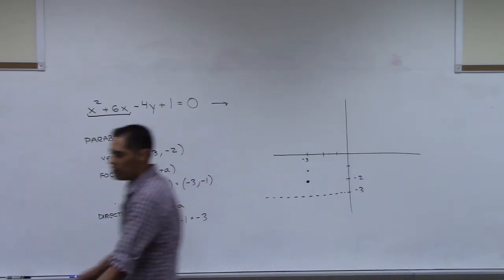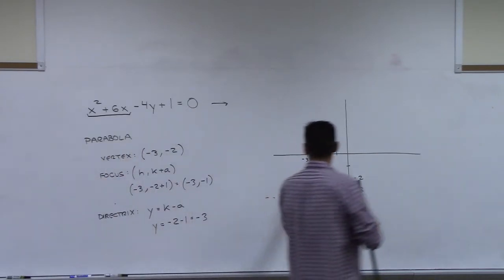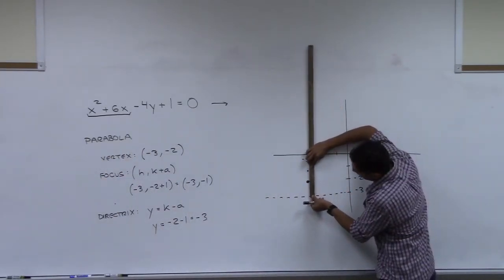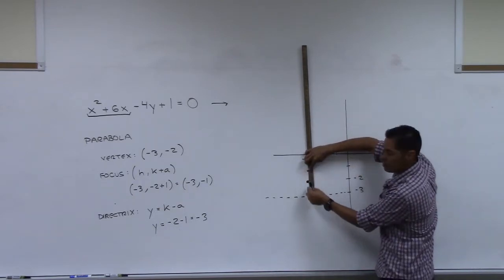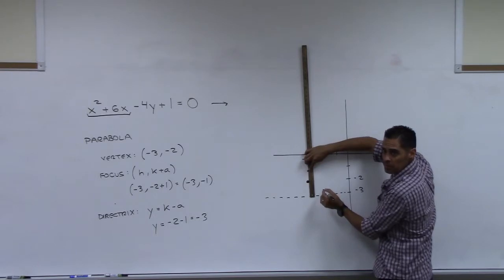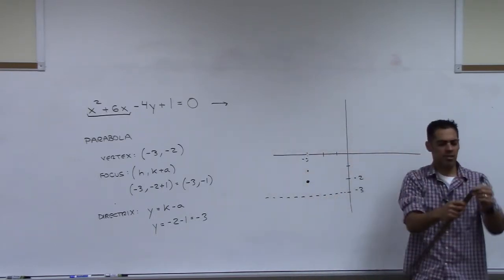Now let me try and show you. You don't have to pay too much attention to this when you're doing this on the test, but again, I'm trying to illustrate how you draw a parabola given the focus and directrix. The point here in the middle, what I'm doing is I'm measuring the distance from the focus to the directrix, and I'm taking the halfway point. Then let's just pick a length here.